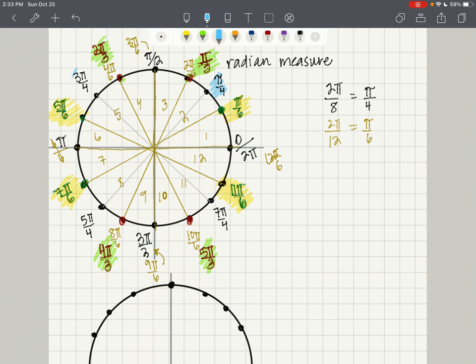Pi over 4s are all in the middle of each quadrant, which is 45 degrees away from either axis. And then I have the quadrantal angles, pi over 2, pi, 3 pi over 2, and 0 or 2 pi.